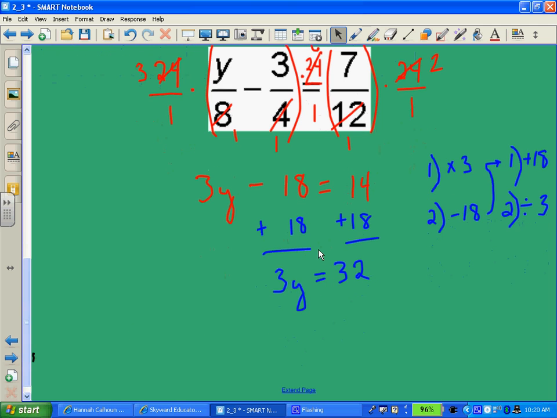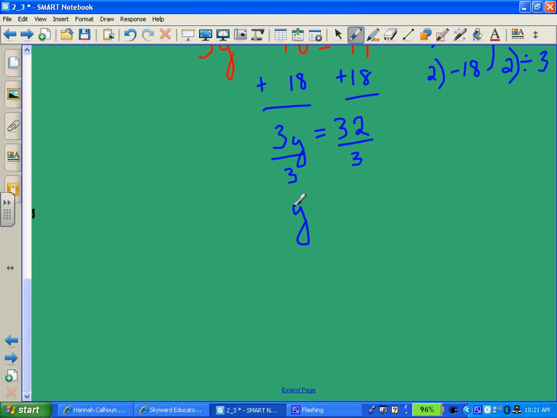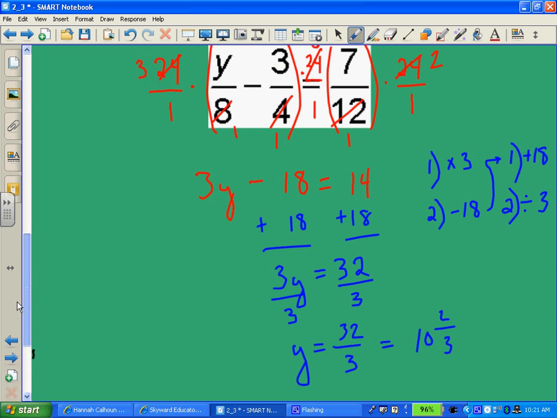And then I'm going to divide by 3. And as you can see, we're going to end up with the same answer, which is good because that means both methods work. And again, I could leave it as 32/3 or 10 2/3.